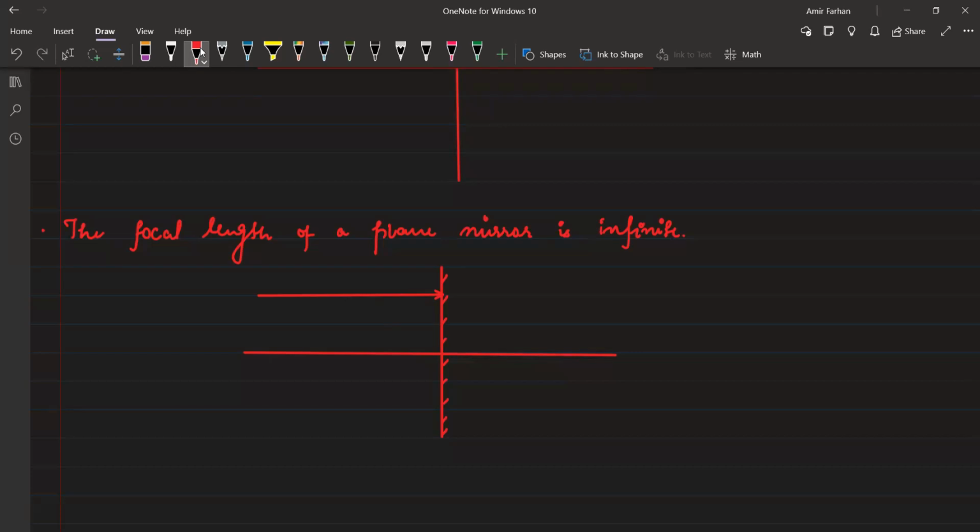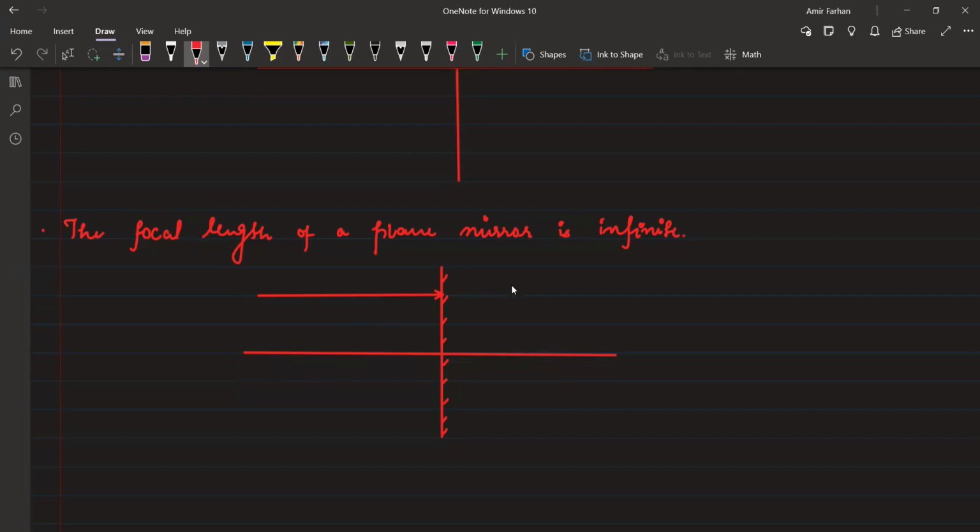Zero, sir. So basically it will be zero. Why? Because the angle is made with the normal. You can assume this thing as the normal, so the ray is parallel to it, which means the angle is zero. Yes or no? Yes, sir.